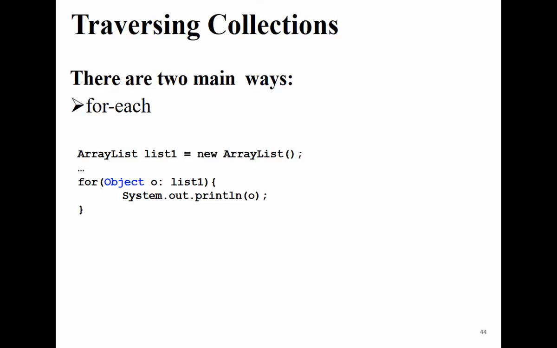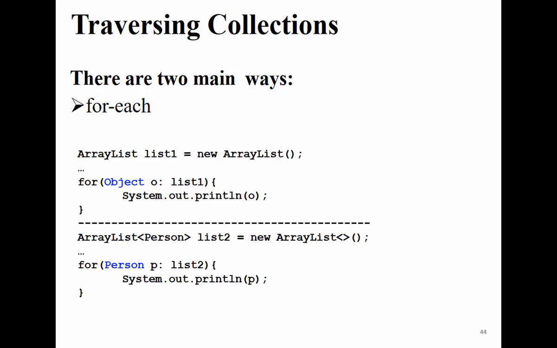Now this slide will allow you to go through the elements inside the list or a collection. So you can define an array list and you can ask for an object and start looking inside the array list, okay? Or you can ask in a specific way: I have an array list of type person, so I can say for person p inside the list, for each element inside the list, I will find it and print it.